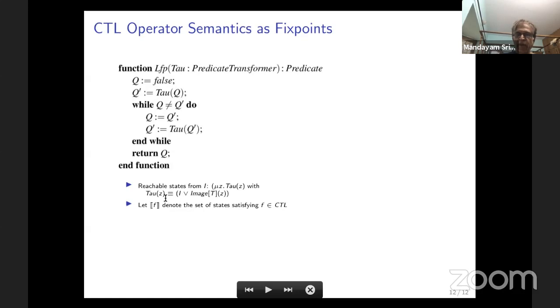As we already saw, it's the least fixed point of a tau that is defined this way: I union image of tau of z for any given z.